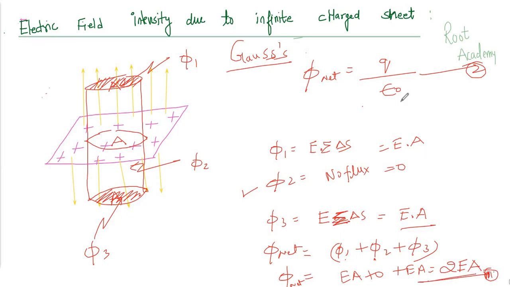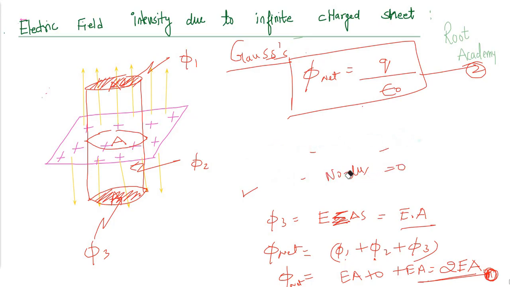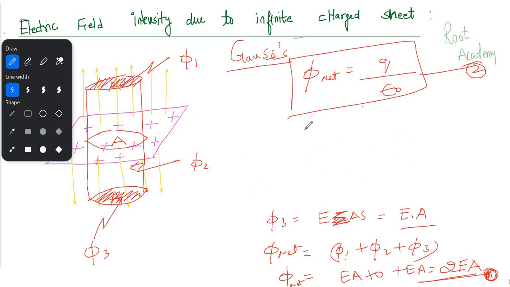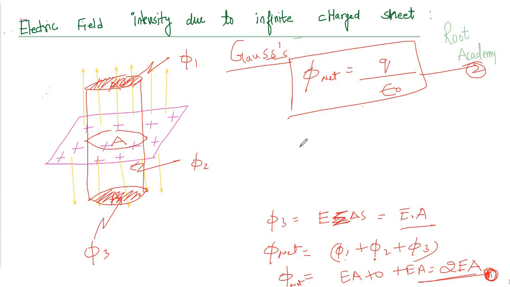So net flux by definition is this, and net flux by Gauss's law is this. By basic principle, these two should be the same. Theoretical should be equal to practical value. So phi net from 1 is equal to 2. I can write Q by epsilon naught is equal to 2EA.